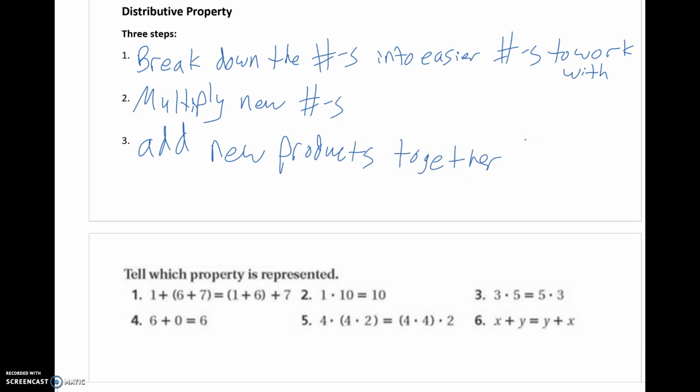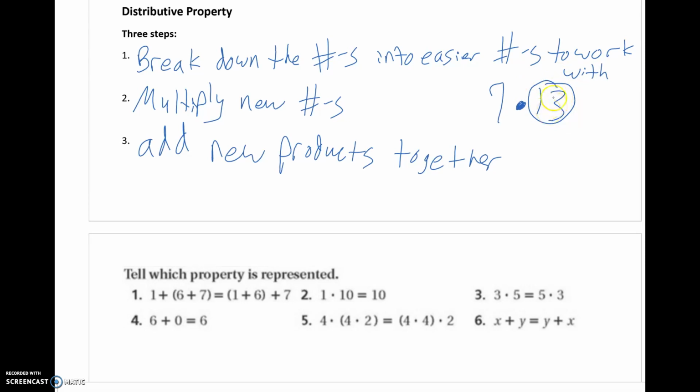Okay, let's do a quick little example to the side here. So let's say I'm trying to do 7 times 13. Very few of us have 7 times 13 memorized. So what we can do is break apart this 13, that's probably the one that's a little funky for us.